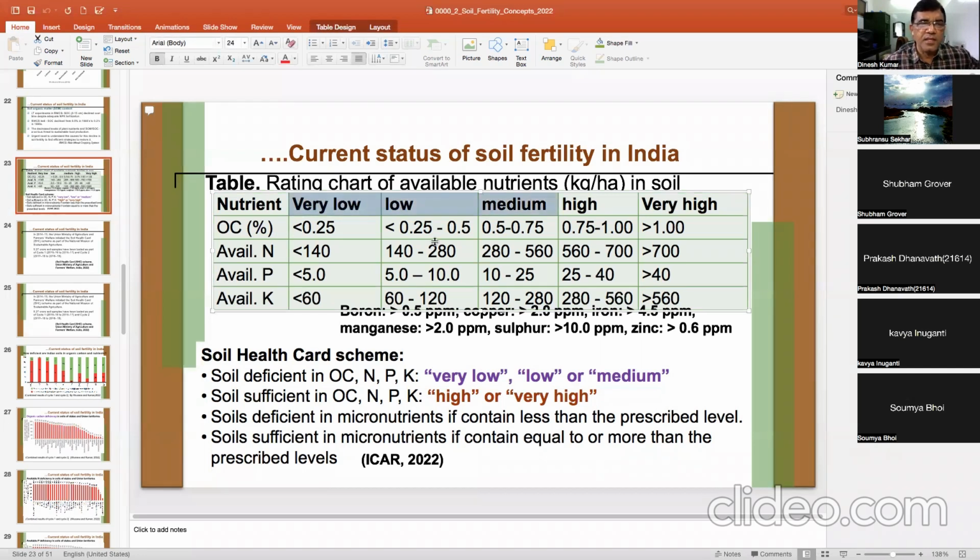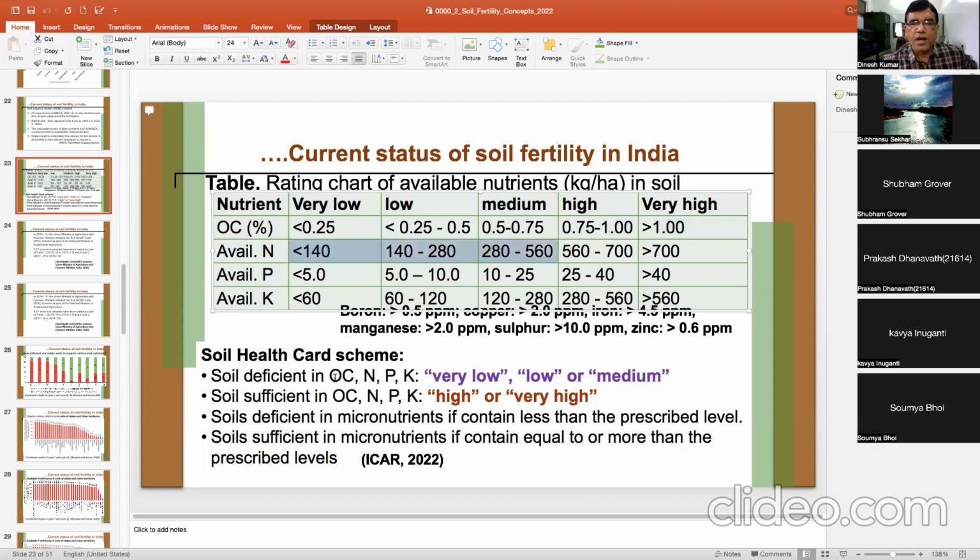That soil is deficient in carbon. Means soils containing less than 0.75% soil organic carbon are deficient in organic carbon. And soils which have more than 0.75, or even more than 1, are considered soils sufficient in organic carbon.